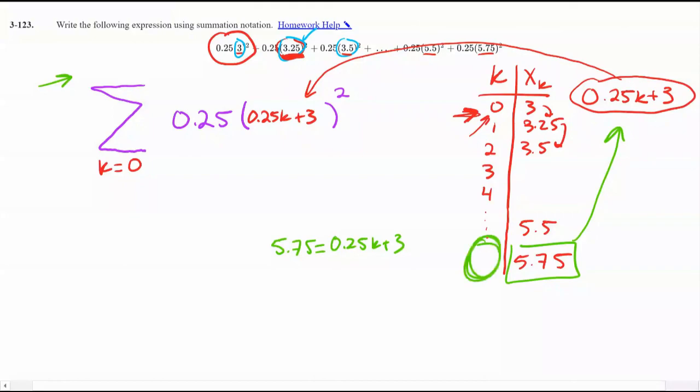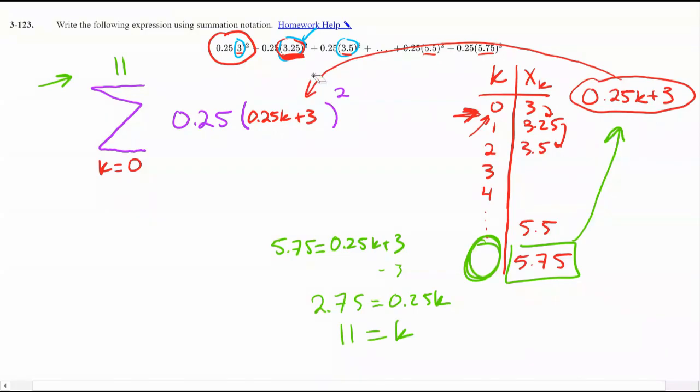I subtract 3 from both sides, and I get 2.75 equals 0.25k. Then I divide both sides by 0.25. That gives me my answer of 11. So 11 equals k, which tells me that my top number here is 11.